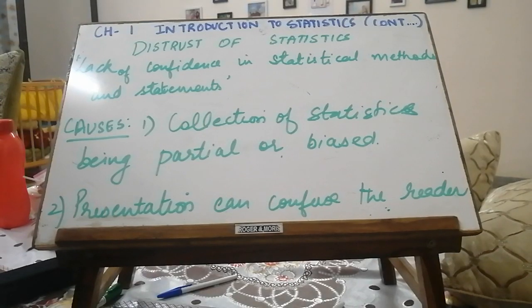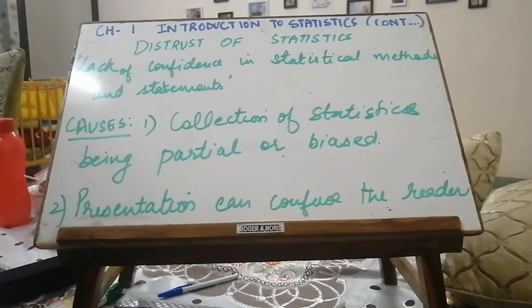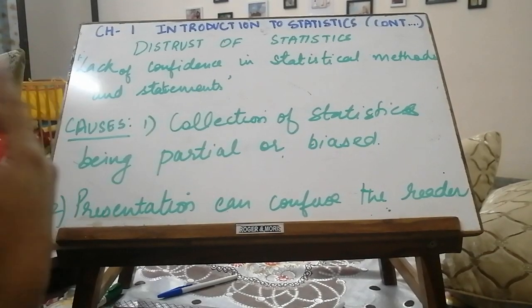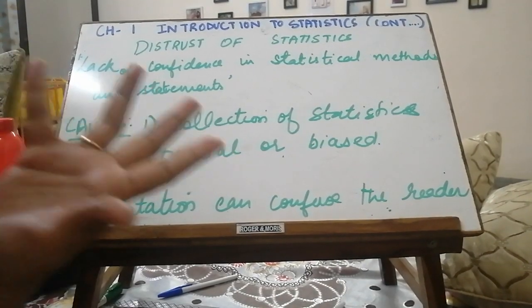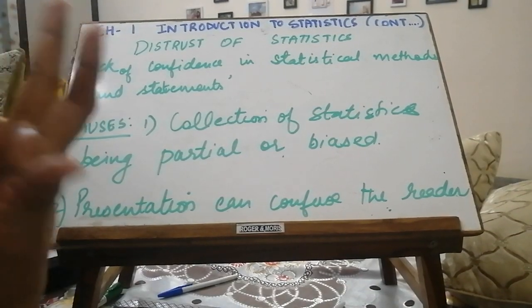There have been cases where experts in statistics have misused their expert knowledge to the extent that they have deceived people, or presented the data in a way that makes people think the situation is different.